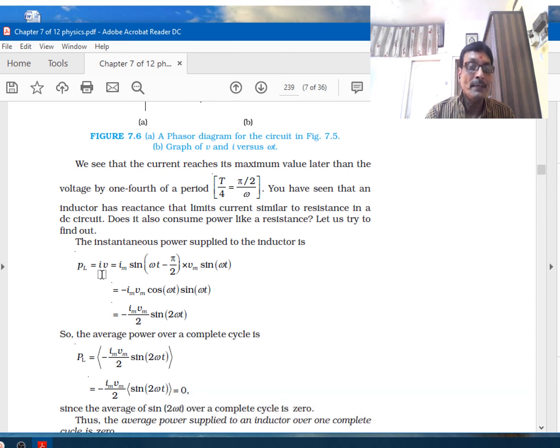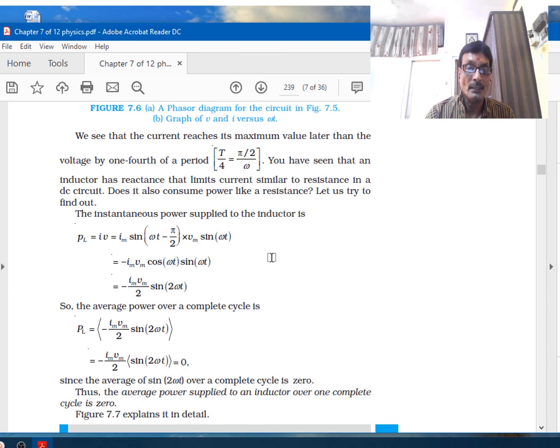PL equals IV, I equal to Im sin of omega t minus pi by 2, it lags behind, into Vm sin omega t. Now minus Im Vm cos omega t sin omega t. So we can get minus Im Vm by 2 sin 2 omega t.